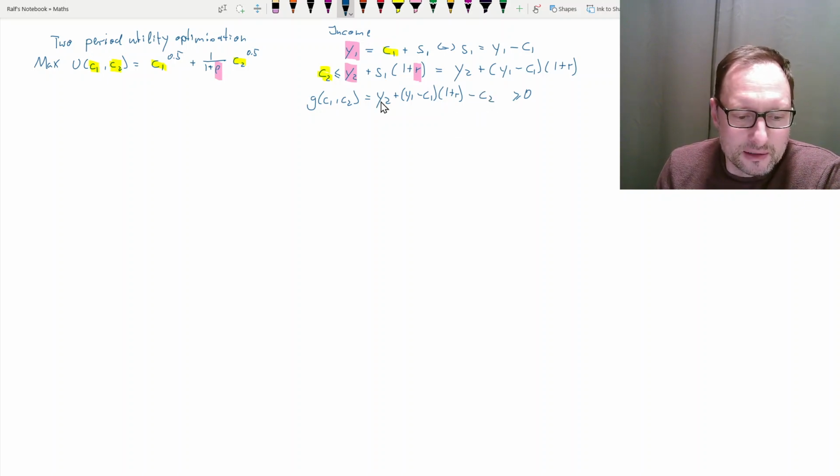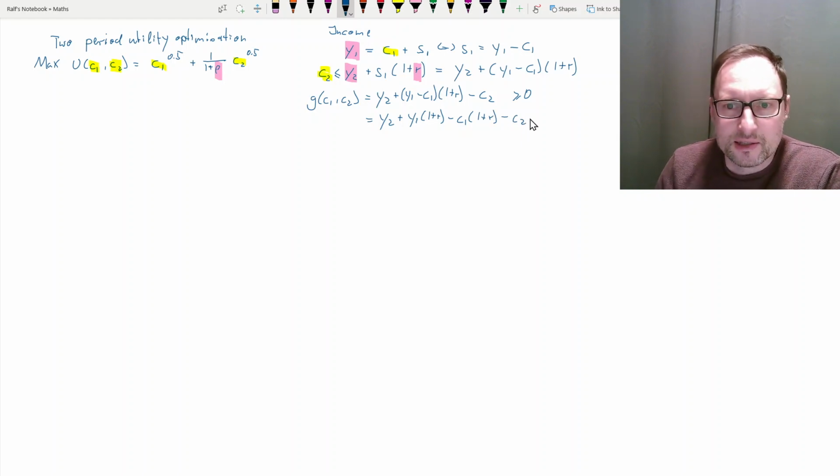Let us formulate that in a slightly different way. We'll just factor out this term here, so we get y2 plus y1 times 1 plus r minus c1 times 1 plus r minus c2. So this is our constraint.